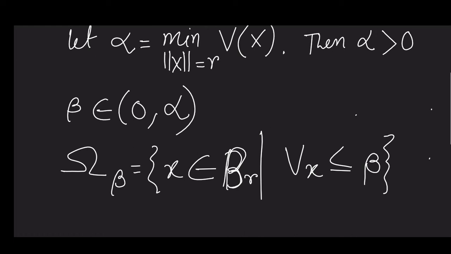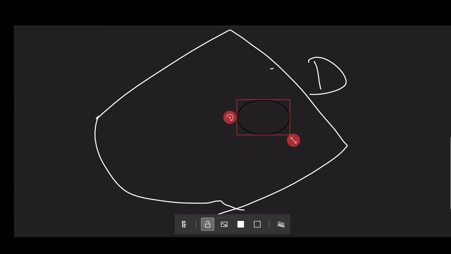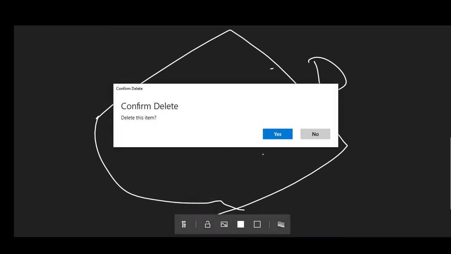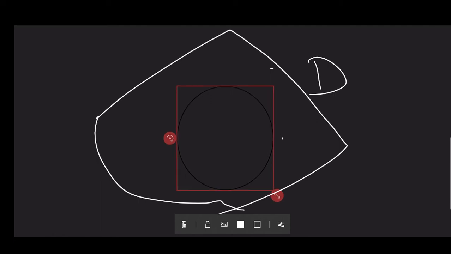So if we try to have a geometric interpretation of this, we can draw it like, say this is our D. Now inside that D we have a ball, then inside that we have another ball.